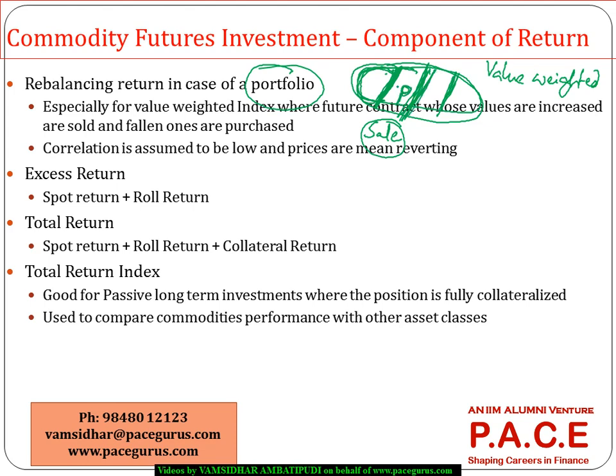So again the value composition of the various commodities as a proportion of the total portfolio remains constant. Because commodity prices are generally mean reverting, and the correlation between the various commodity prices is assumed to be low, what is generally assumed is that any commodity whose value has gone up will come back, and any commodity whose value has gone down will rise.